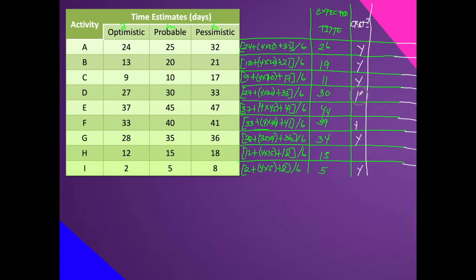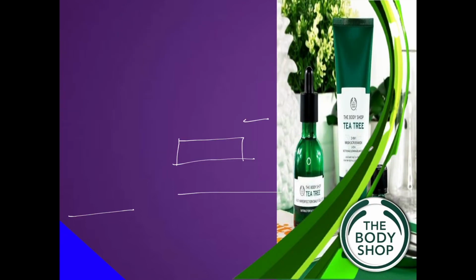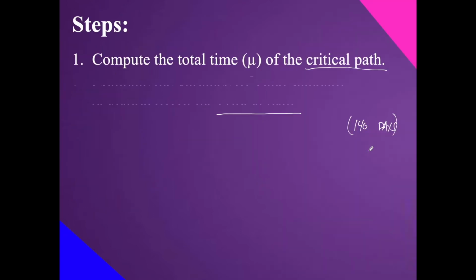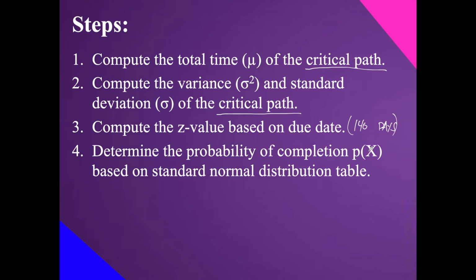Then, itong dalawa is no. And with this one, ayan, critical siya. Bakit ko ginawa ito? Dahil kung papansinin nyo, yung mga steps natin, sabi niya, puro critical lang. Yun lang yung kukunin natin na total time. Ito yung expected time daw, yung critical path.